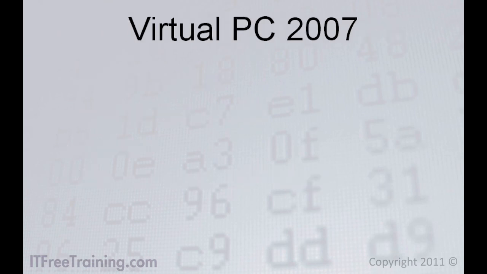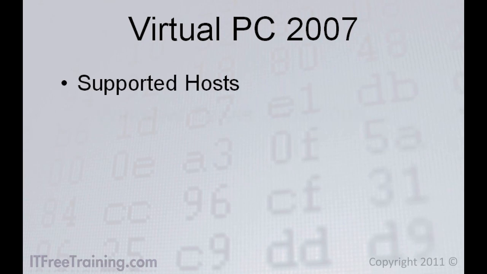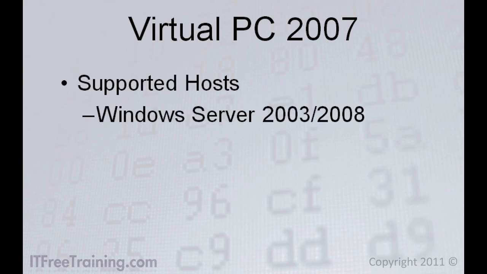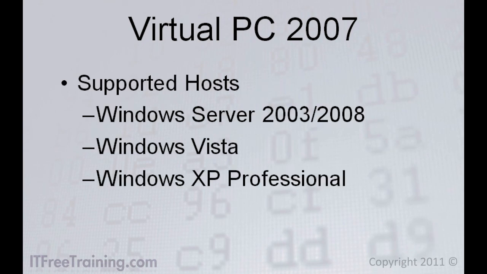The first solution offered by Microsoft is Virtual PC 2007. Virtual PC 2007 can run on Windows Server 2003 and 2008, Windows Vista, Windows XP Professional, and Windows Tablet. This gives you a wide range of hardware platforms to run on. Keep in mind that the host in virtualization terms refers to the computer that is running the virtual machines on it.